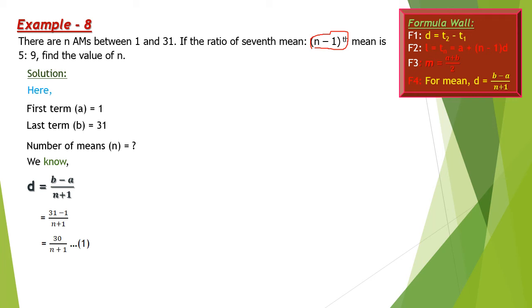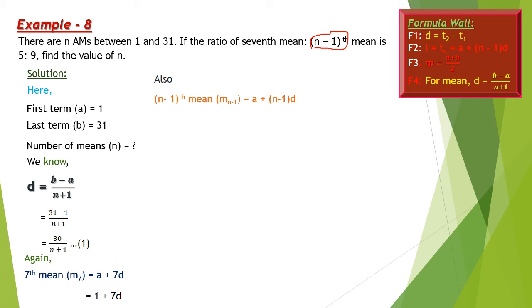Now our 7th mean, m7, equal to a plus 7d. Now a is 1. Also, m(n minus 1) means second last mean, isn't it? So if there is the nth mean, then it will be written a plus nd.